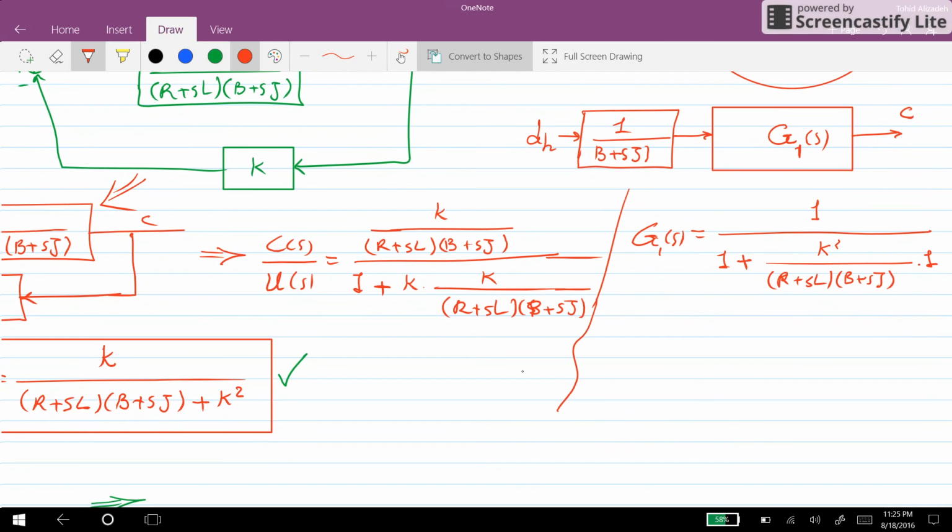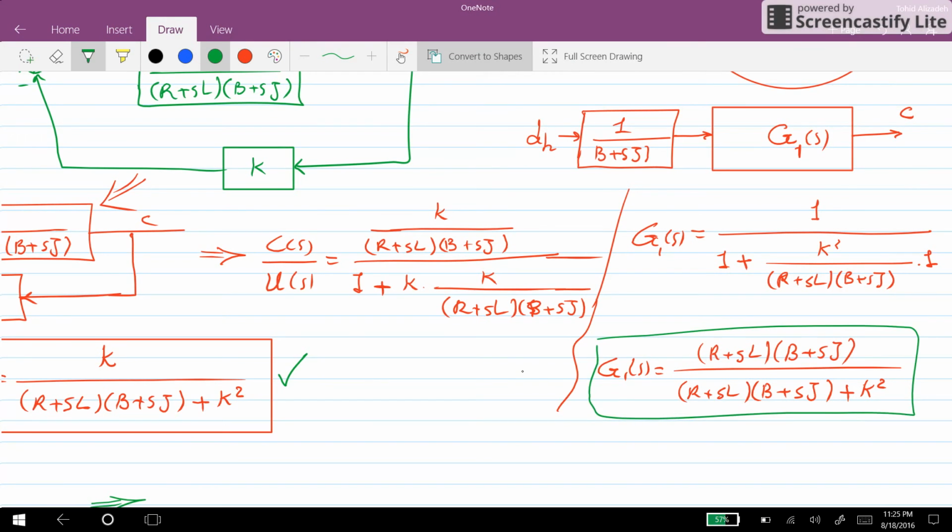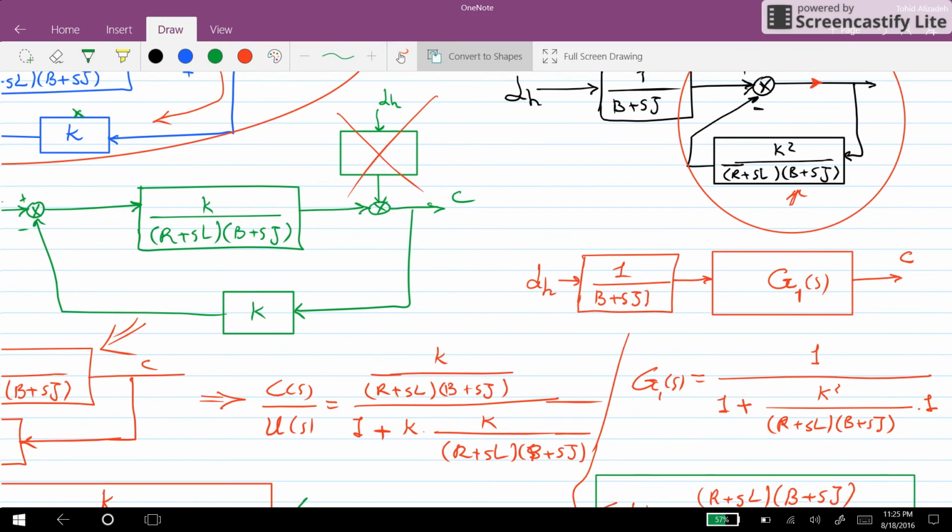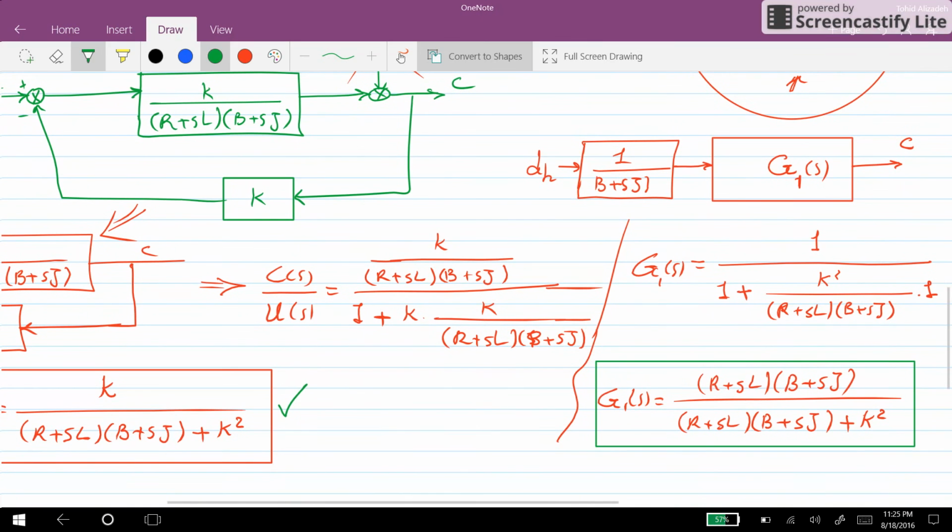And from here, we can find out that g1 is equal to this r plus sl times b plus sj will appear in the numerator, and in the denominator we will have r plus sl times b plus sj plus k squared. This is our g1, and the overall transfer function from dh to c is given by this transfer function times g1.